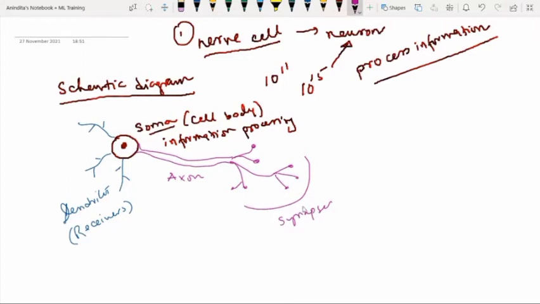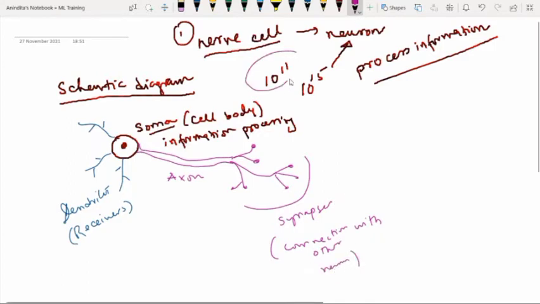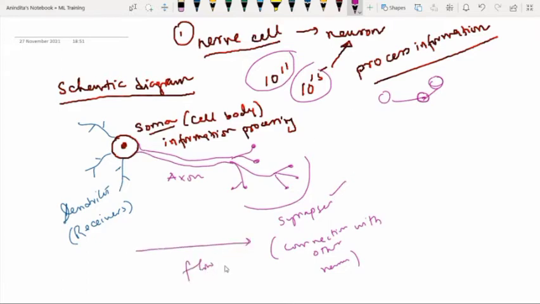This synapse acts as a connection with other neurons. Because in our brain we have multiple neurons and they are interconnected with each other. So whenever two neurons are connected with each other, this connection is established via the synapses, right? And this is the flow of information. So this is the basic diagram of a biological neuron.